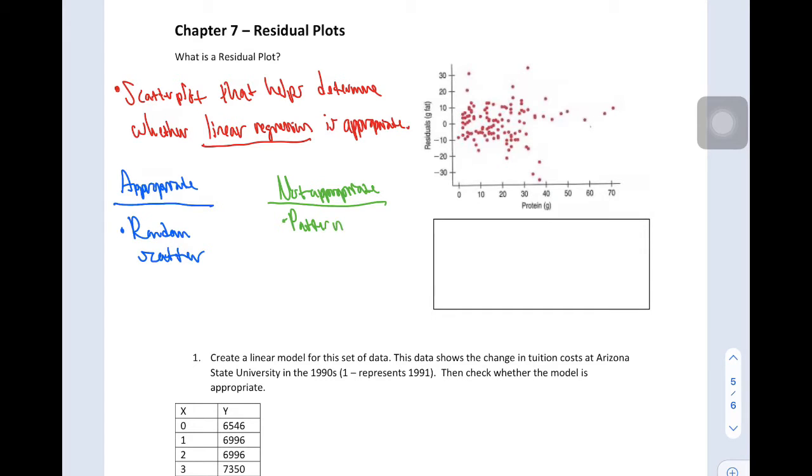Here's what this could look like. Maybe we have a bunch of points below, then above, and then below again.